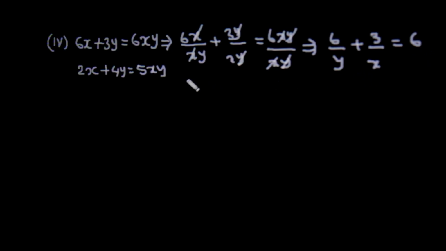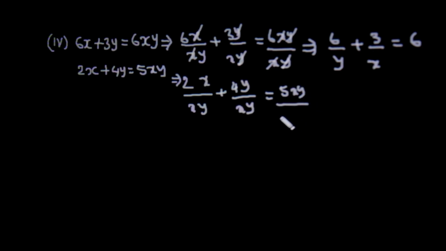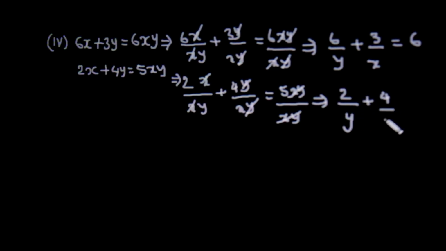In the same way, the second one: 2x by xy, 4y by xy, 5xy by xy. xy gets cancelled, y gets cancelled, x gets cancelled. Then this will be 2 by y plus 4 by x is equal to 5.